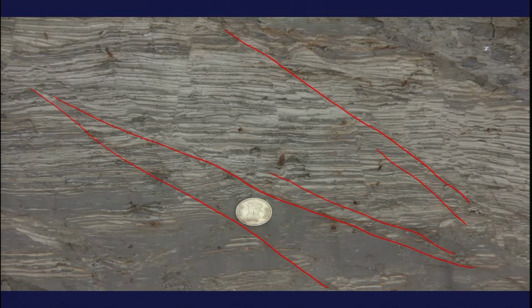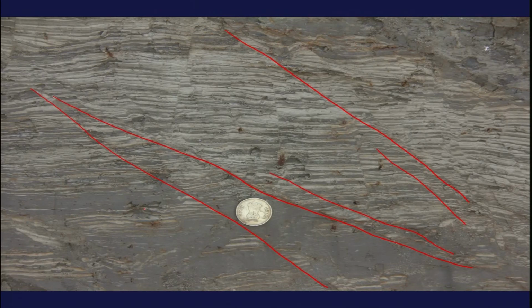Based on the deformational features on either side of the fault plane, it is easy to tell that this is not related to any erosional or depositional feature, but is exactly what we are talking about, the tectonic features.